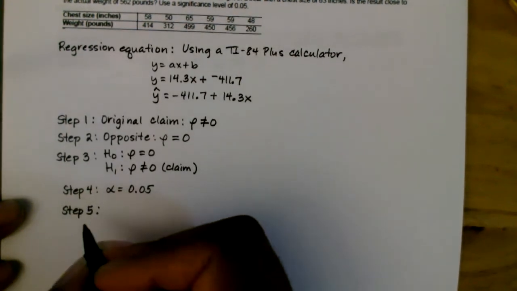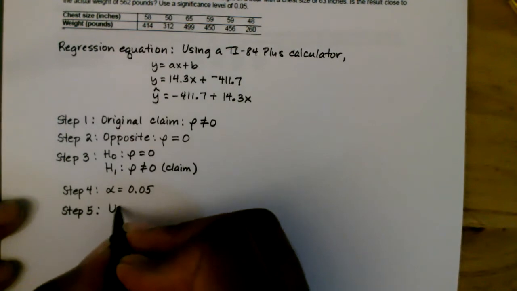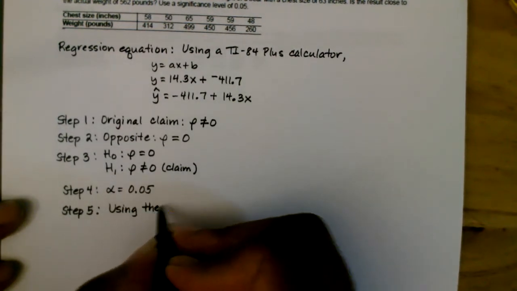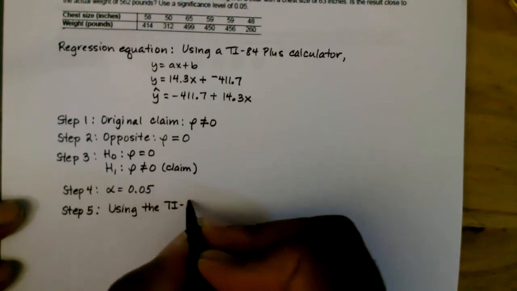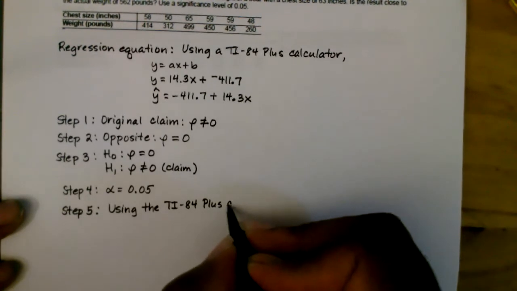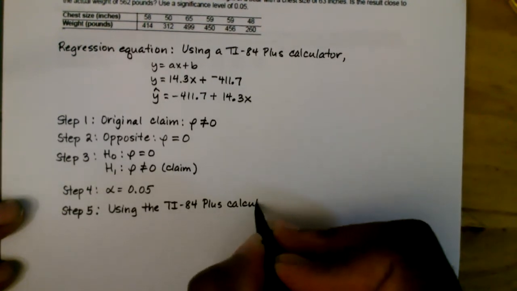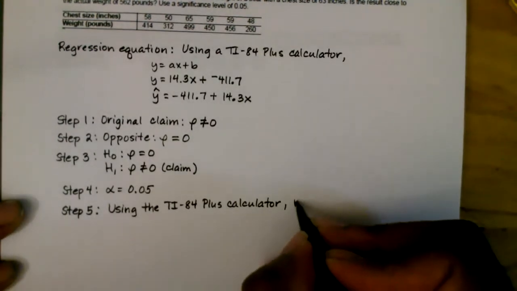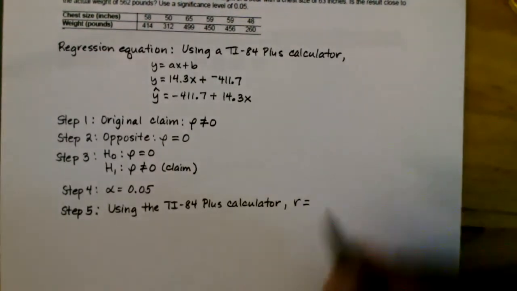Now, step number 5 is calculating the test statistic. In this case, I'm going to be using the TI-84 Plus calculator to find out what R is.